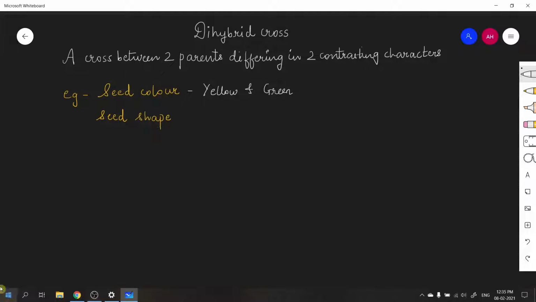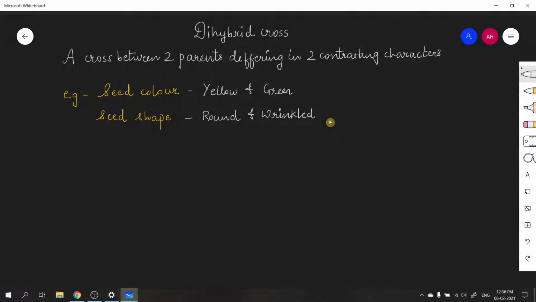Yellow being the dominant trait over here in seed color, and green is the recessive trait. All right. Likewise, when we talk about seed shape, there are seeds which are round and seeds that are wrinkled. All right. So round seed shape will be the dominant trait and wrinkled seed shape will be the recessive trait.